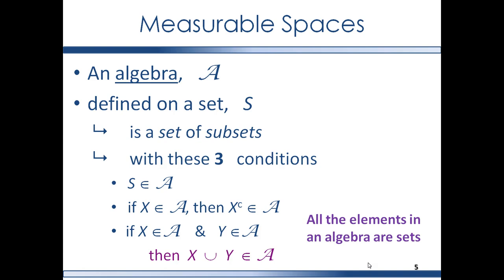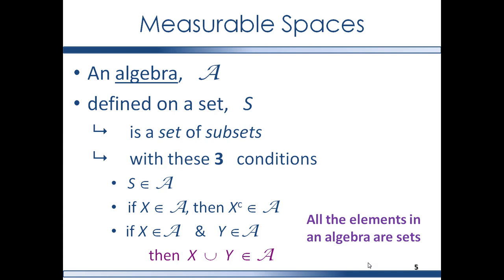The next two rules in the algebra, Rule 2, we need complements, and Rule 3, we need unions. If you are creating this new algebra, set A, and you're inserting complements and unions so that you're following these rules, then you have to stop and look at the algebra that you've created and see if the new sets that you've inserted into the algebra, the complements and the unions, now need complements and unions of their own.